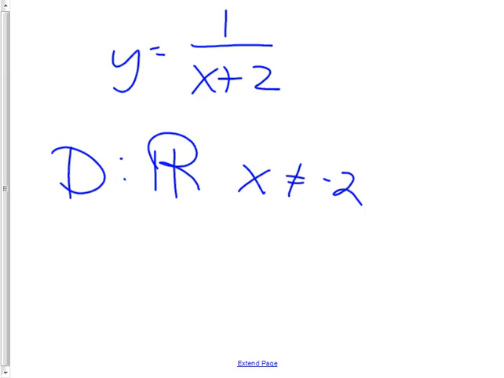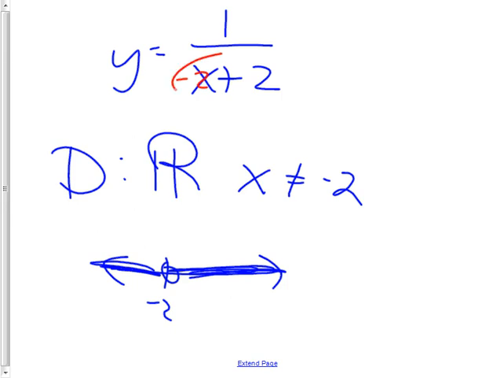If you do that on a picture, here's -2, and it's not working, and everything else works. Why doesn't it work? Because if you put in a -2, it makes you have a 0 on the bottom. Is that okay? No, you can't have a 0 on the bottom. You can have anything else you want on the bottom, but not a 0.